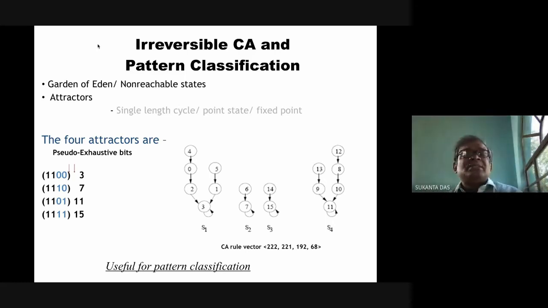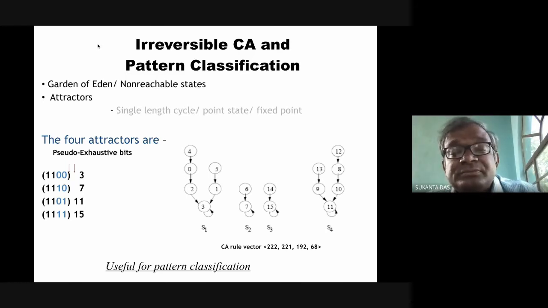For example, consider the diagram shown in this figure. There are four distinct trees, four graphs: S1, S2, S3, S4. This is the transition diagram of the CA with rule vector 222, 221, 192, 68.